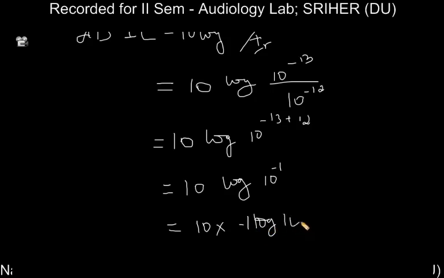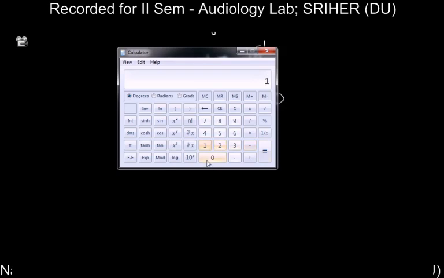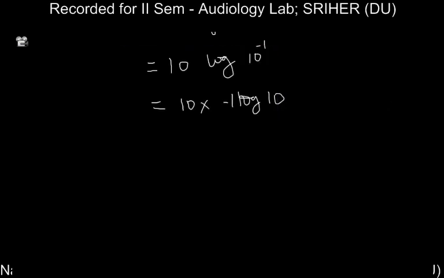We already know the value of log 10. So log 10 is 1. So substituting this value in the above equation, it becomes 10 multiplied by minus 1 multiplied by plus 1.